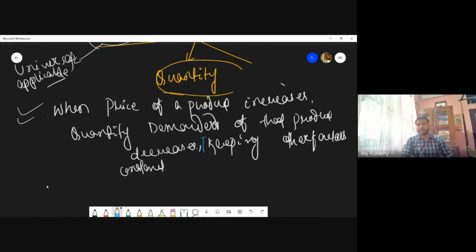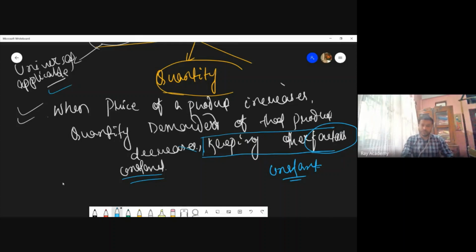Remember, many people miss this particular statement, but this is the most important statement. Keeping other factors constant. That means there are certain factors that have to be constant. Then only this law of demand will be applicable. If those other factors are not constant, then it will not follow law of demand.